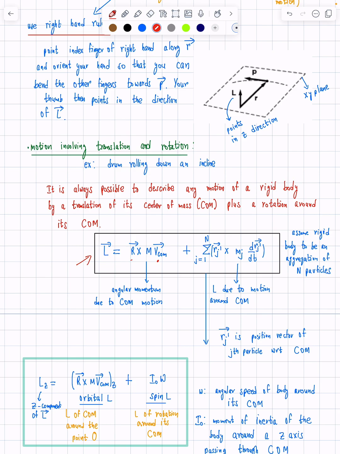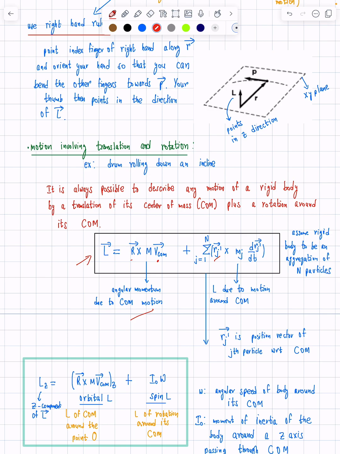Then plus we have another term which represents the angular momentum due to motion around the center of mass of the body. This r j prime vector is the position vector of the jth particle with respect to its own center of mass. So the first term is angular momentum due to the motion of the center of mass, and the second term is angular momentum due to motion around the center of mass.